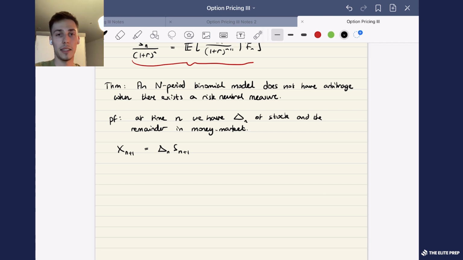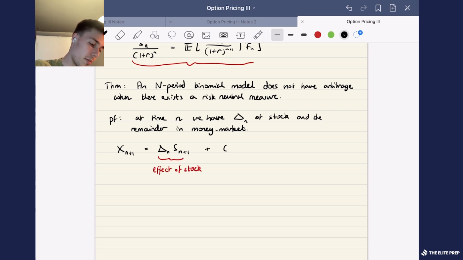At time n, we had Delta_n of that stock. So at time n+1, the stock goes up to the price S_{n+1}, but we still have Delta_n of that stock because we can only update our trading strategy at the time and not between the two times. So we would have to wait for the stock to reach n+1 until we can change Delta_n to Delta_{n+1}. So this is the effect of the stock.